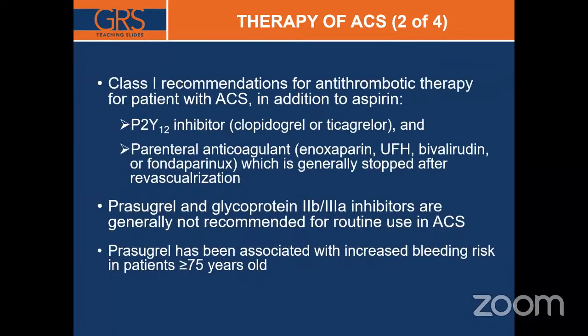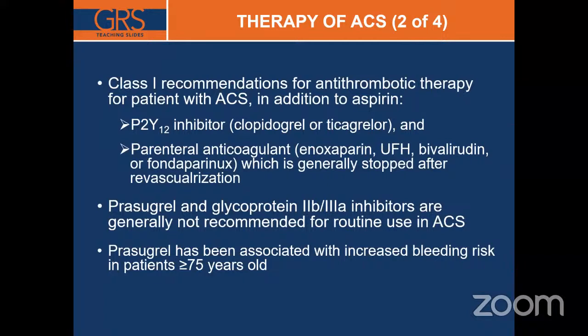Okay, class 1 recommendations for antithrombotic therapy for patients with ACS, in addition to aspirin. So we give aspirin plus P2Y12 inhibitors, which are clopidogrel or ticagrelor, or you can give aspirin with an anticoagulant. So you have two options, either aspirin with clopidogrel or aspirin with an anticoagulant.